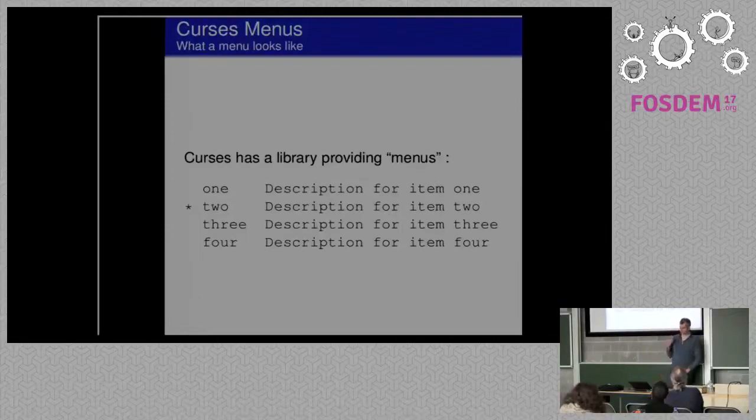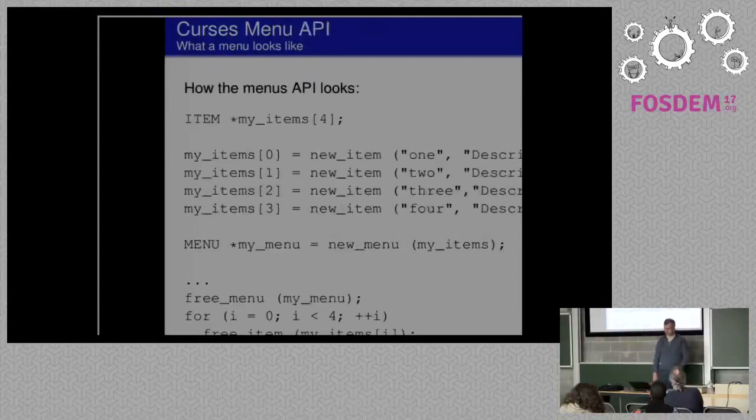And just very briefly going into how those menus work in curses, or Guile in curses. It has the means to display a menu like this. The user can move up and down and select items in the menu. If you were writing it in C, that would be the interface.